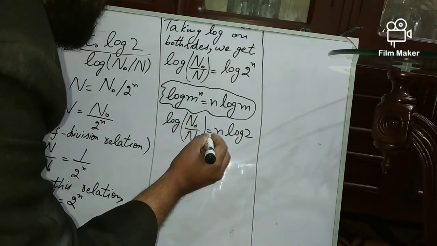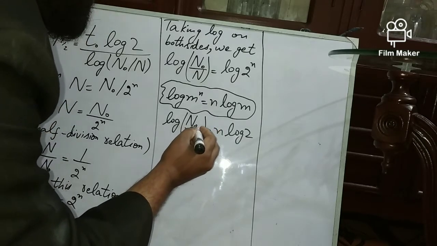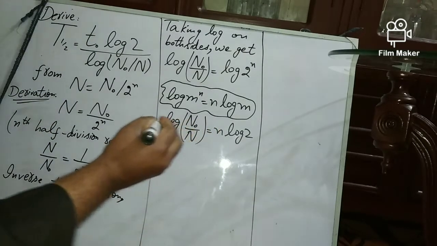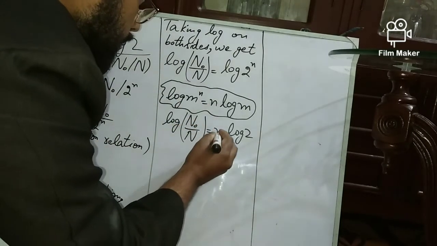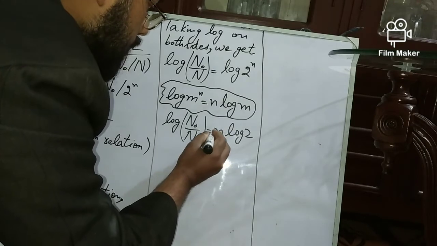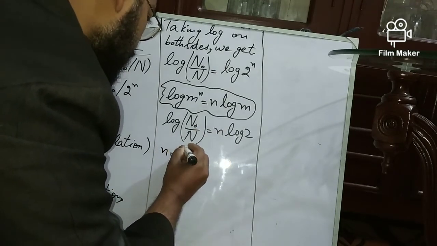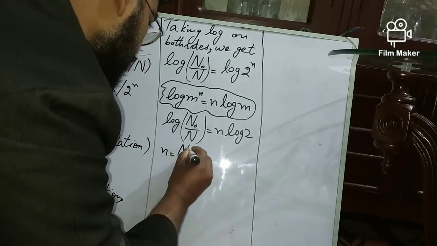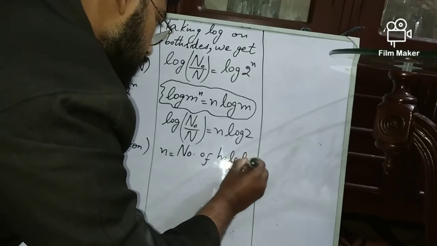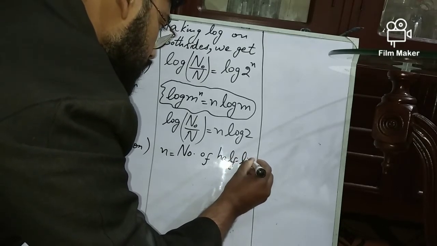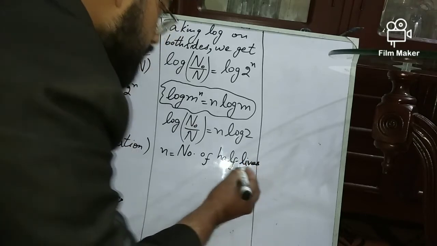Now let's go forward. Here n is the number of half-lives.